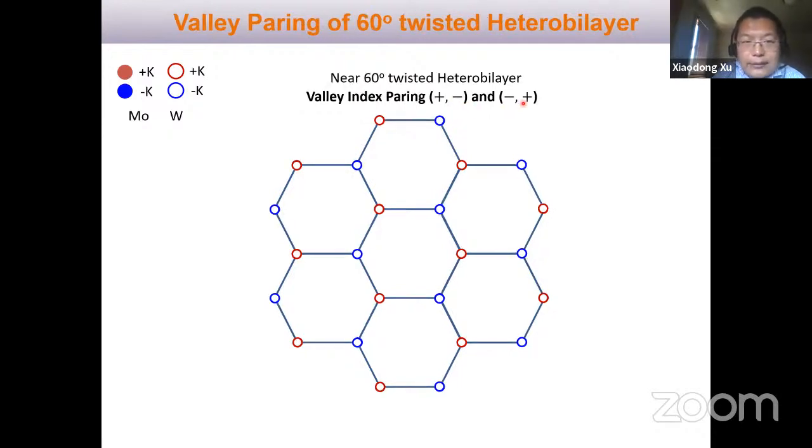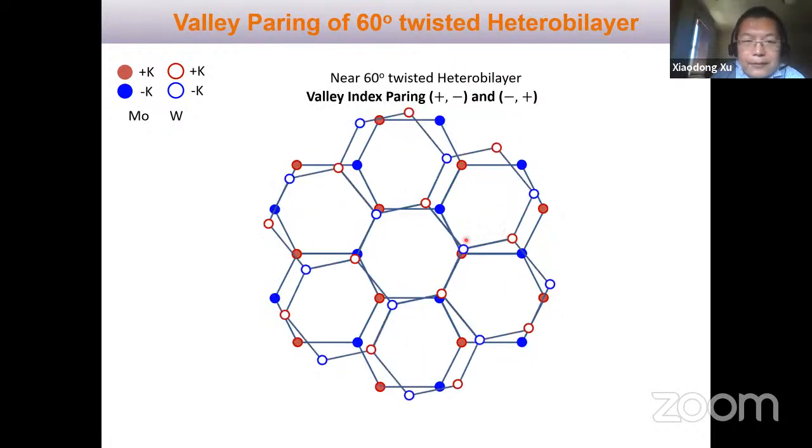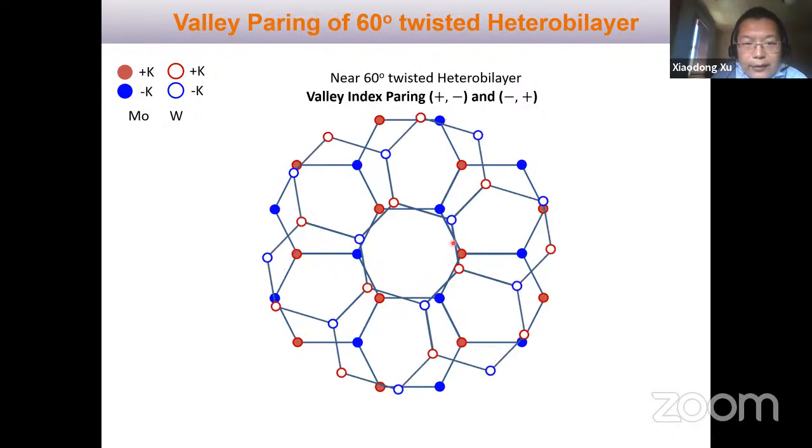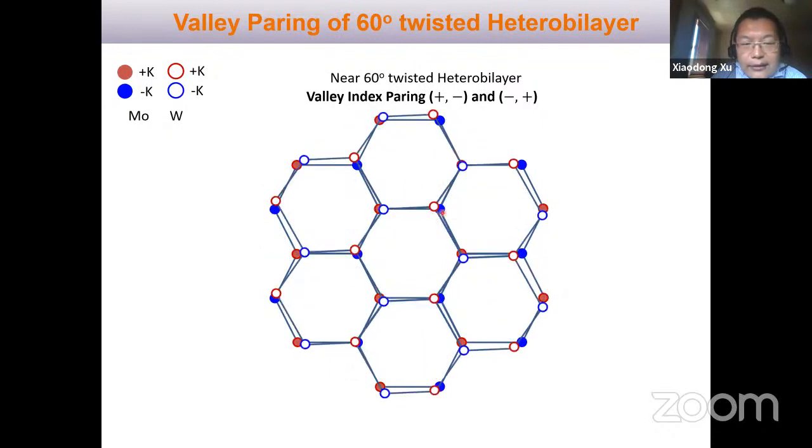Now we start to twist the sample, go to 60 degrees roughly. Let's do it again. If you focus here, you will see this plus K valley going to sit on top of minus K, and minus K sitting on top of plus K. This valley index pairing is plus minus or minus plus. This gives us a G factor of about plus 6.2.